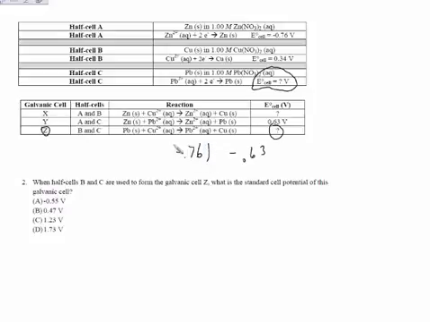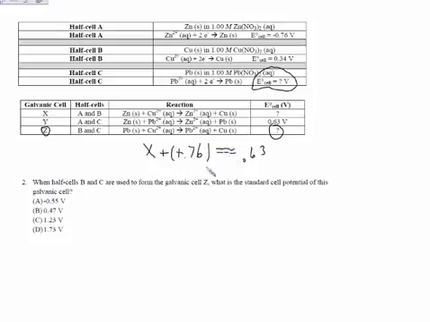Okay, I'll put that in parentheses to keep the signs happy. And the lead we don't know, so it's really X minus a negative or plus a positive 0.76 is equal to this is equal to a positive, so see that this is all part of the equal sign here. This is equal to a positive 0.63.